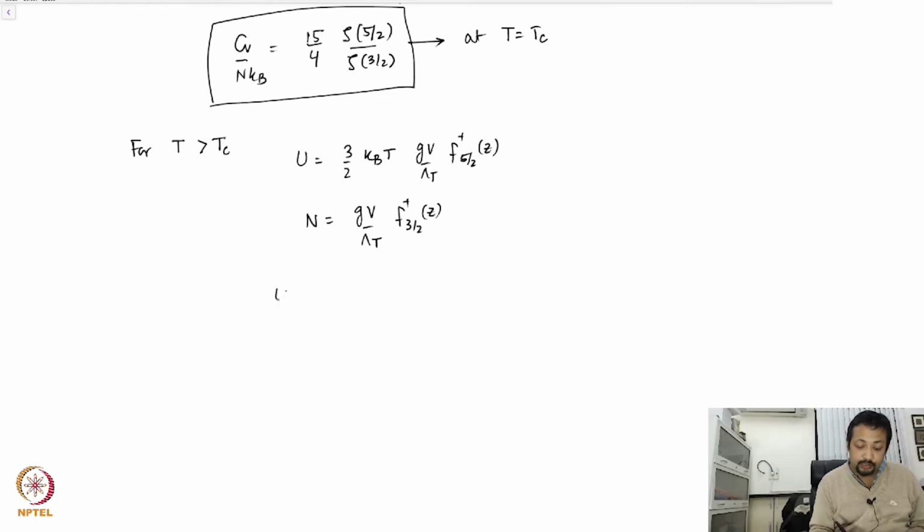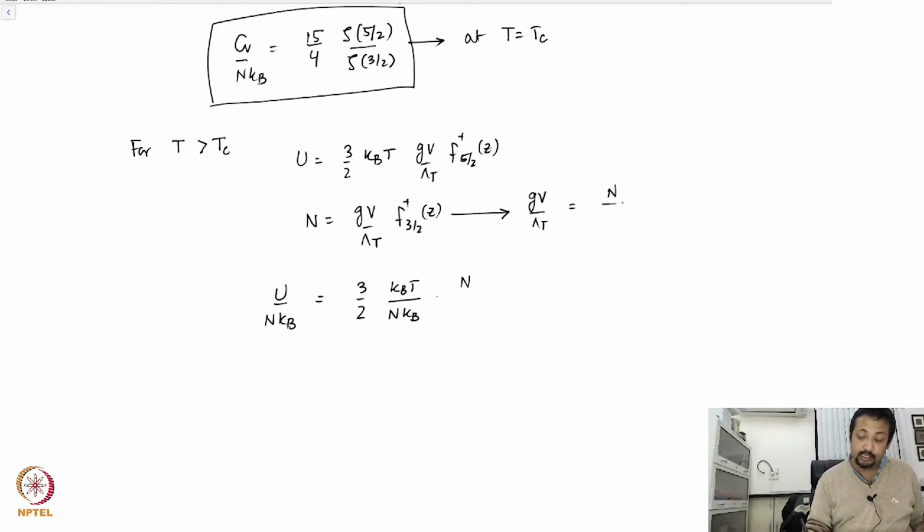so that U over NkB is going to be 3/2 kBT divided by NkB times gV over lambda T, which is N gV over lambda T. I use this relation to write down gV over lambda T as N over f plus 3/2 of z.